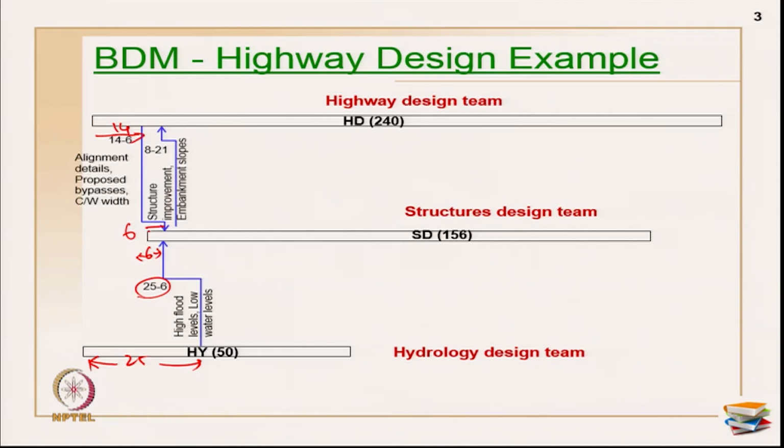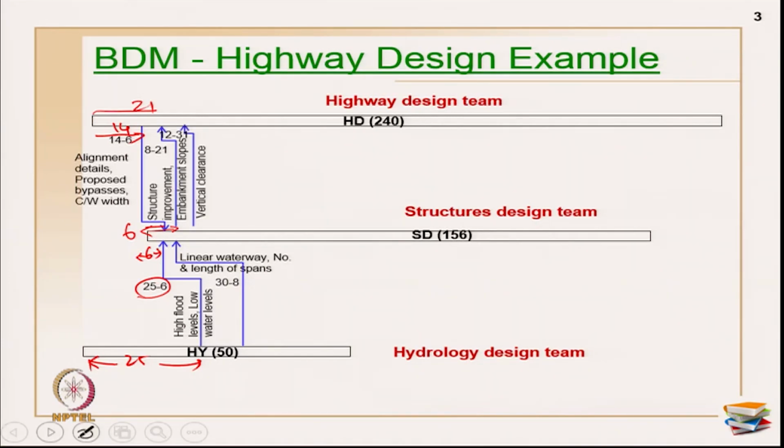The time frame is 8 and this is now 21. That is how you have to understand it. At the same time, the hydrology design team is releasing information, linear waterway and the number and length of the spans, to the structures design team.